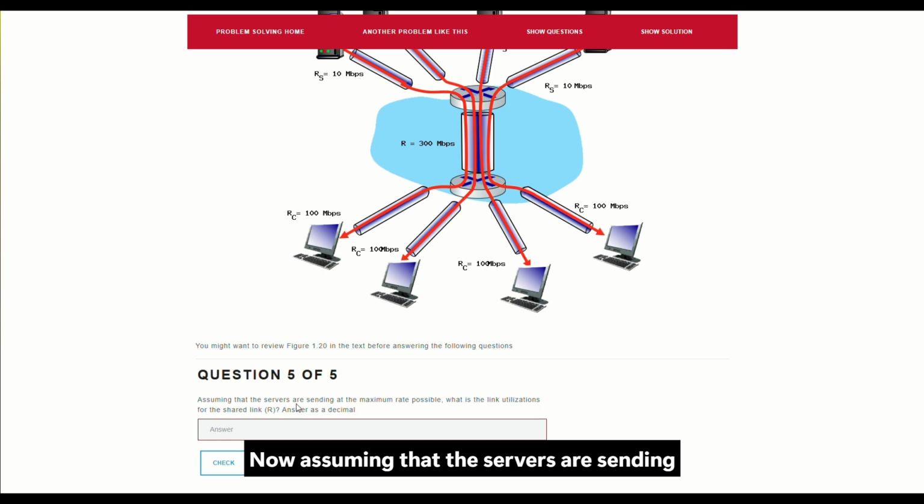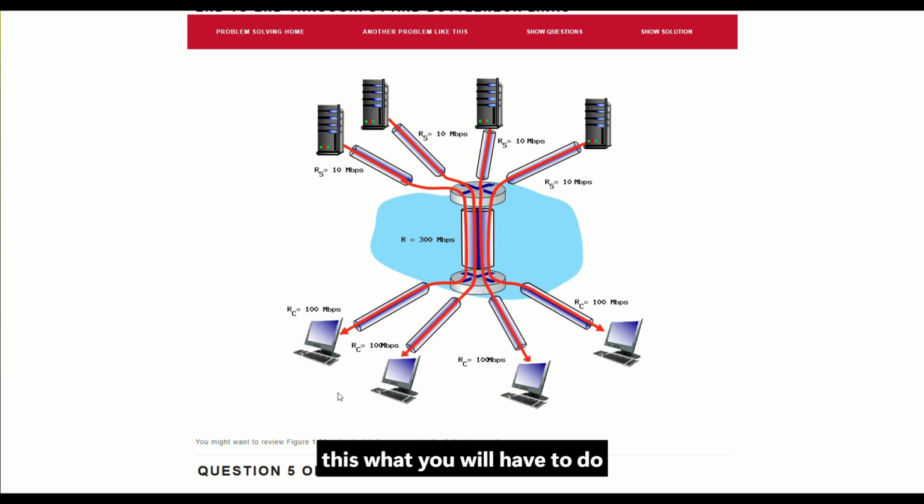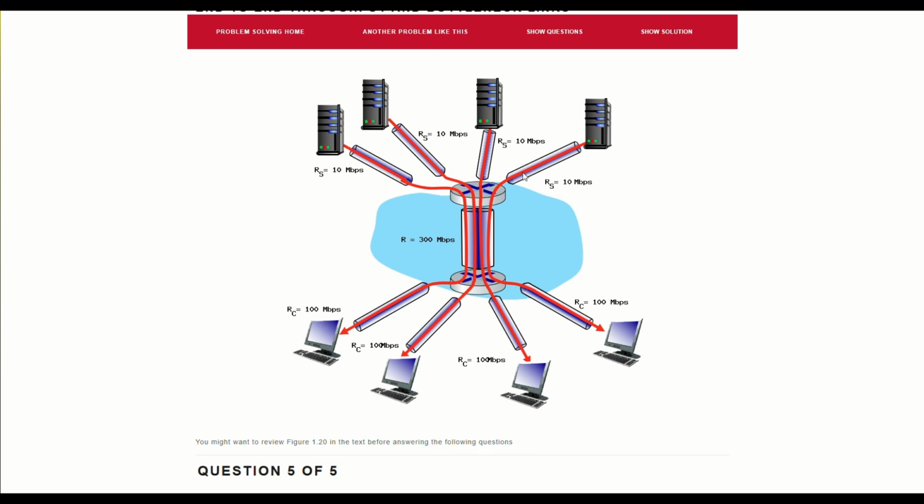Now, assuming that the servers are sending at the maximum rate possible, what is the link utilization for the shared link R? Answer as a decimal. Okay, now what you have to do is, the server data, which is 10, over 300 divided by 4.